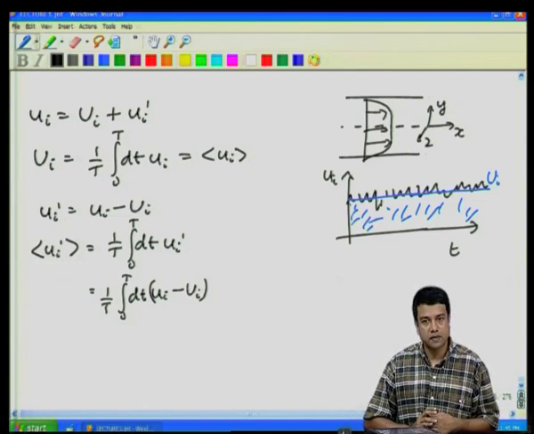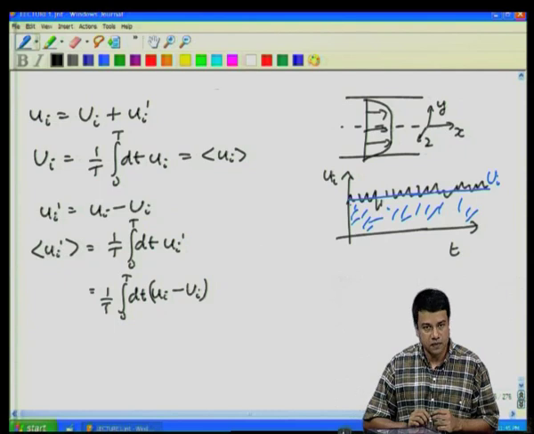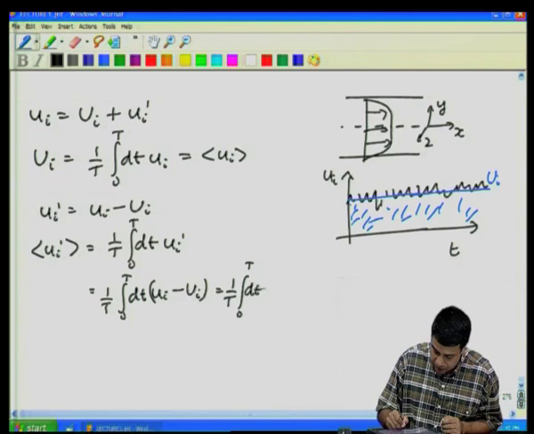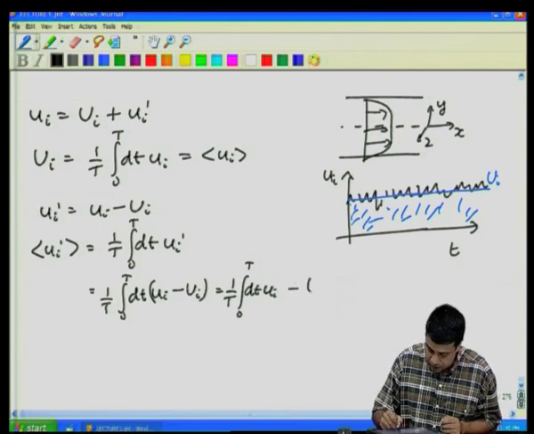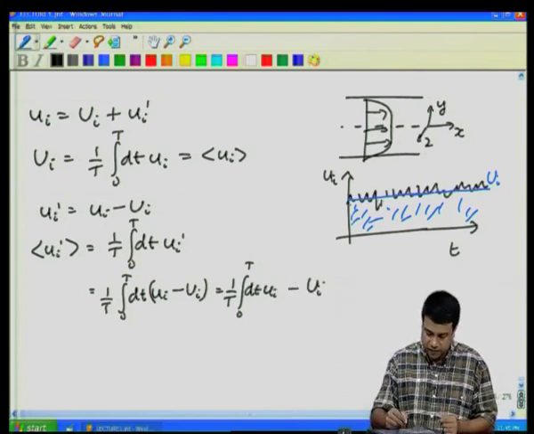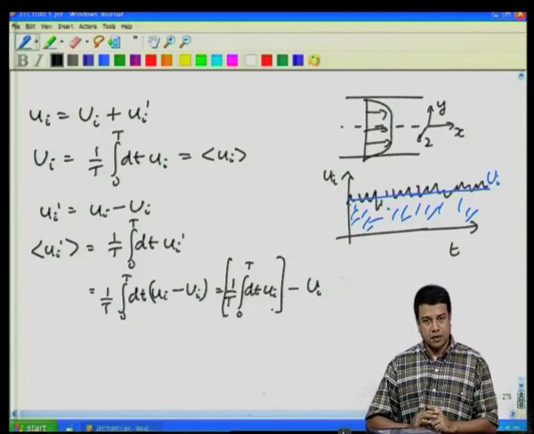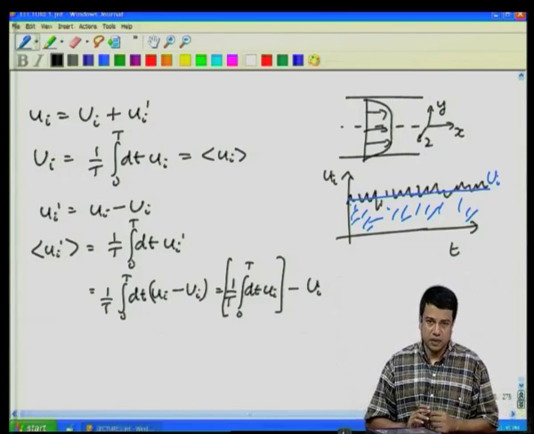Small u, which is the fluid velocity, does of course depend upon time, but capital U is the average velocity which is independent of time. So, I am basically integrating a constant capital Ui from 0 to T and then dividing throughout by T. So, this just becomes 1 over T integral 0 to T dt Ui minus the velocity capital Ui itself, because capital U is independent of time.